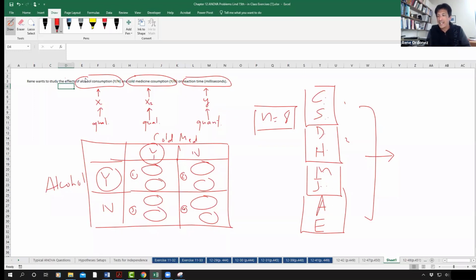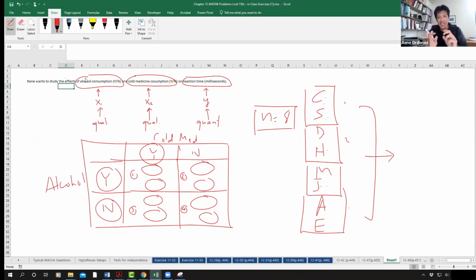Okay? And then the third pair, Megan and James, will not get alcohol, but will get cold medicine. And then the fourth pair will get no alcohol, no medicine.